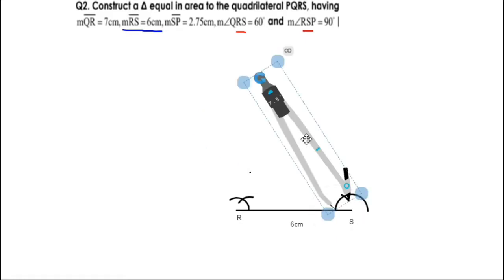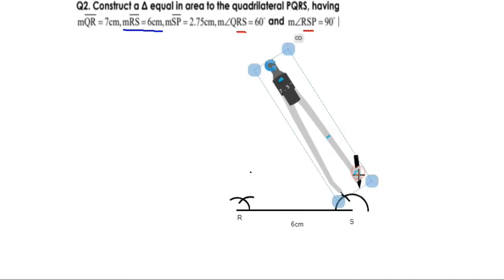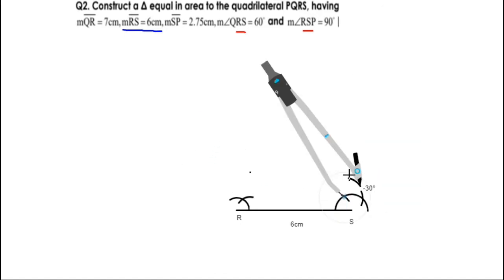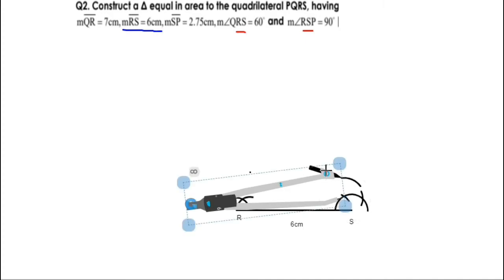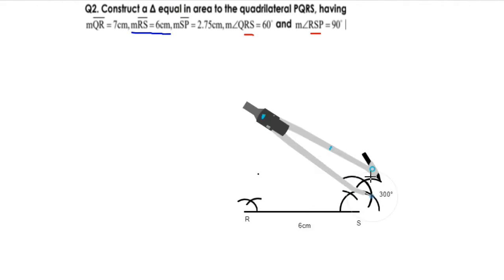Draw this arc. Now taking this as center, we have to draw this arc as well as this arc. Fine. Now this is the point of intersection.